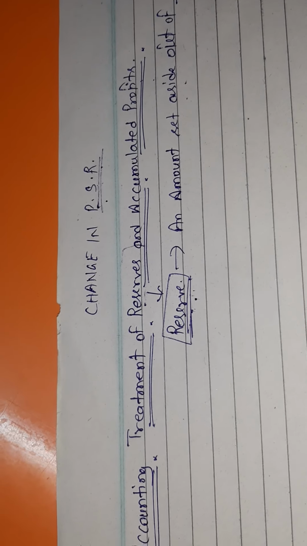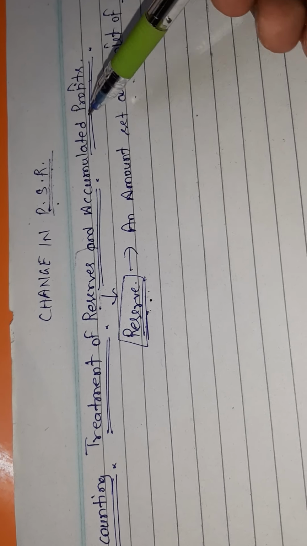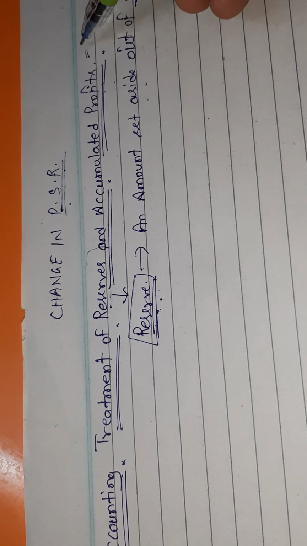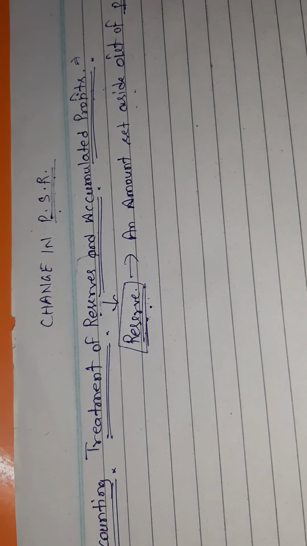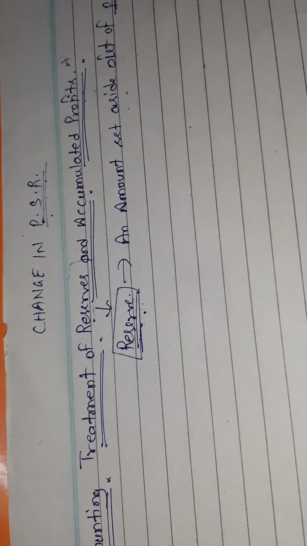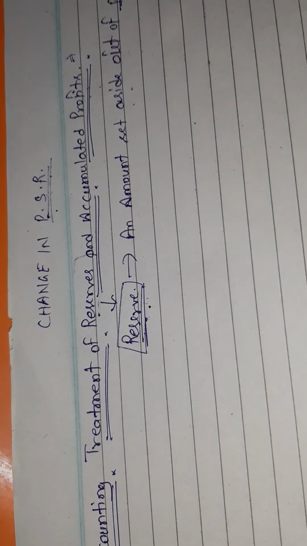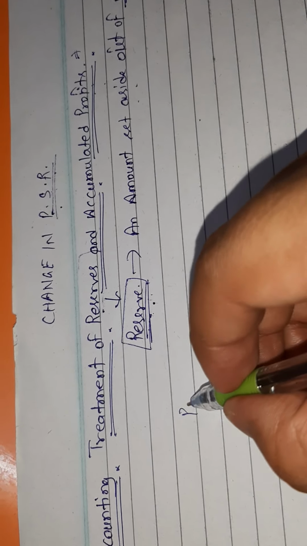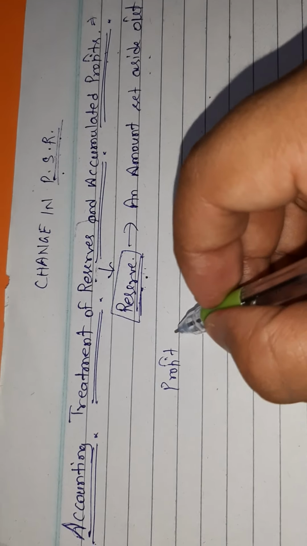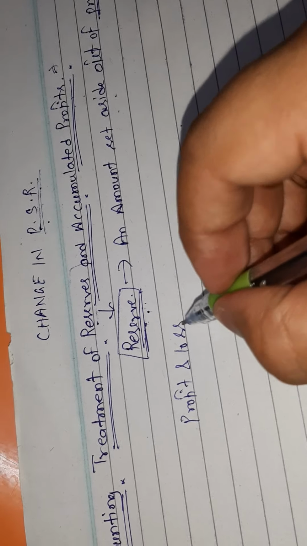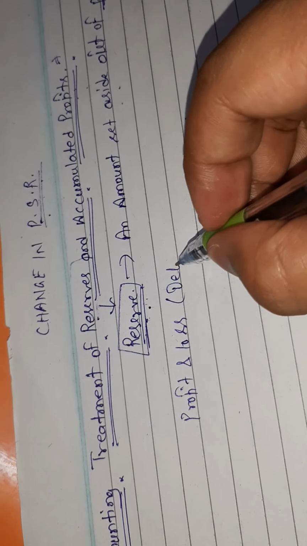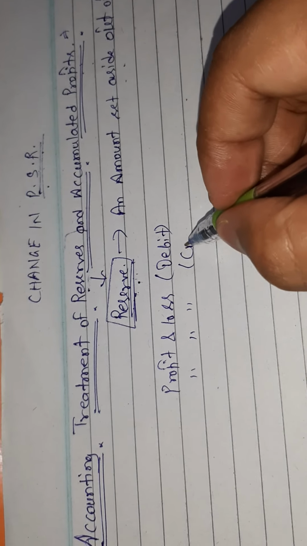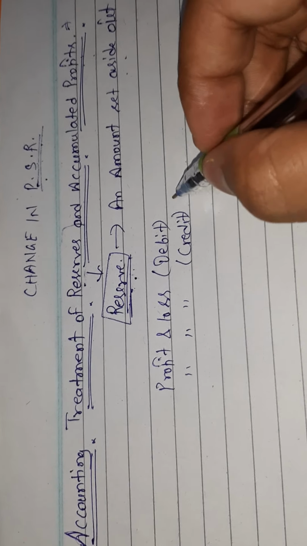Apart from reserve, the next thing is accumulated profits. Accumulated profits means profit which the firm has already earned, or the total profit which the company already has in its records. Sometimes the company has a debit balance of profit and loss, and sometimes profit and loss has a credit balance.